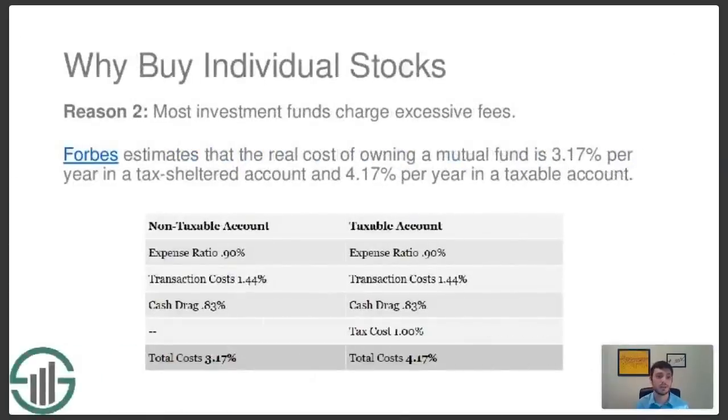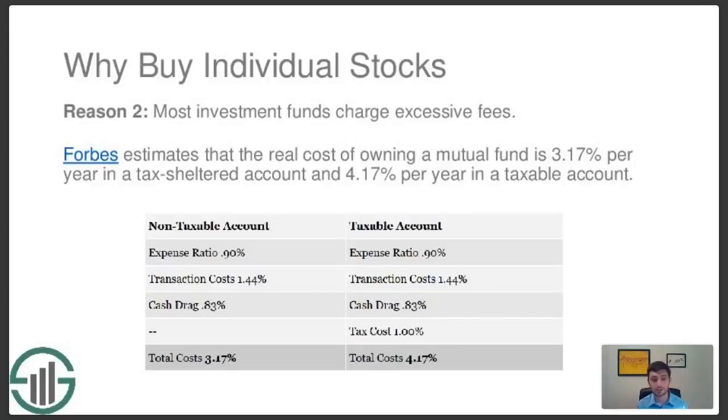The second reason to buy individual stocks over funds is that most index funds or mutual funds charge excessive fees. And the fees that investors look at most often are just the expense ratio, but the actual costs of fund ownership are well in advance of just the expense ratio.